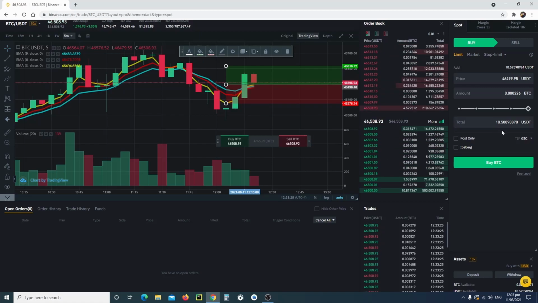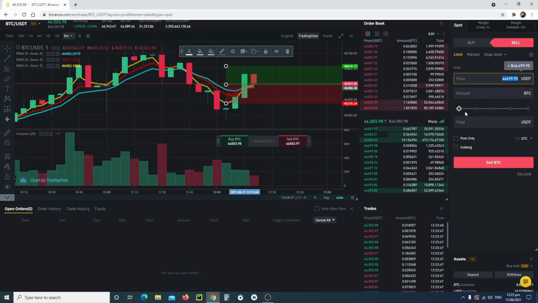If I want to purchase right now, I'll click buy BTC and I'll purchase at this price. If BTC is not at this price, it will open up an order, and providing that the market does reach the order, it will then buy the BTC. Similarly, if I want to sell, I can click sell and set the value that I want to sell and how much Bitcoin I want to sell, whether it be all, half, or whatnot.